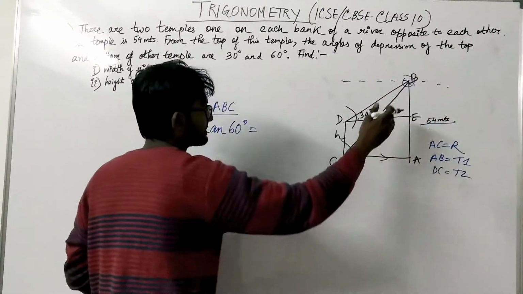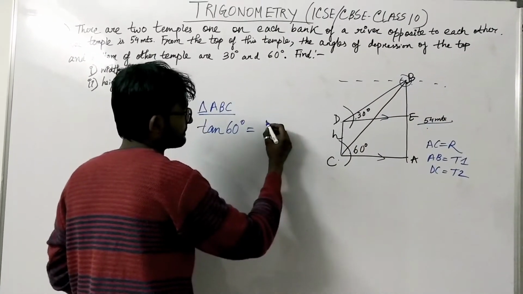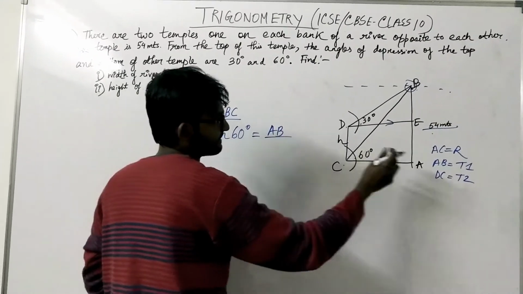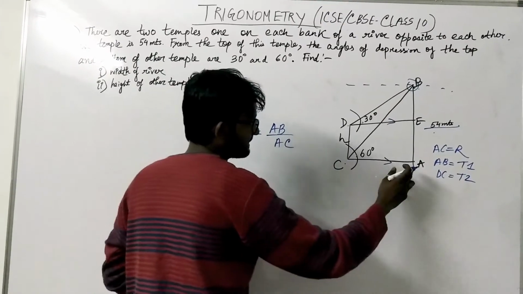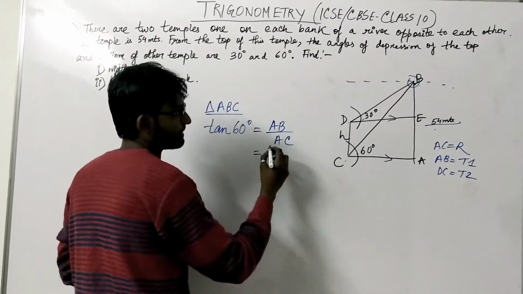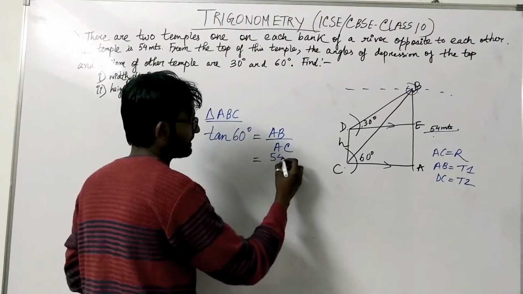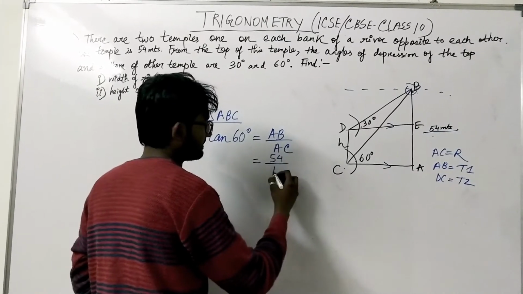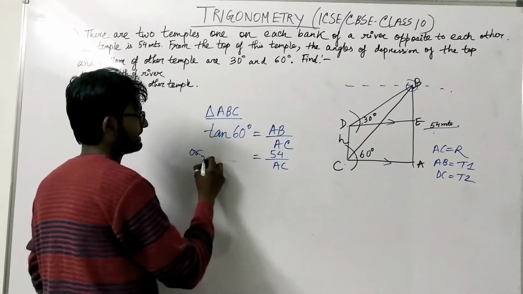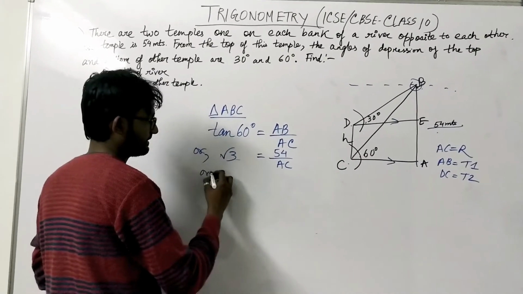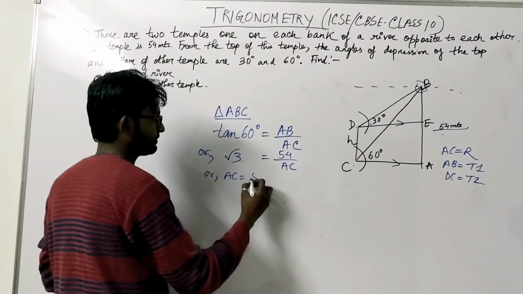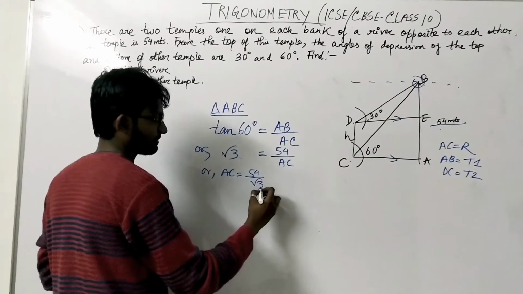The perpendicular is AB, the first temple, and the base is AC, the river. So AB is 54, and tan 60 is √3. So AC is equal to 54 by √3.